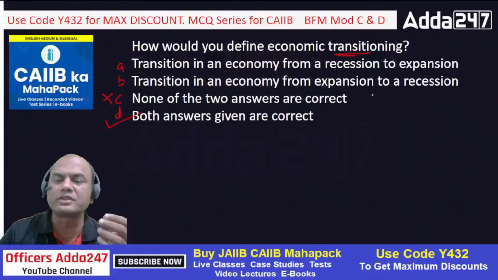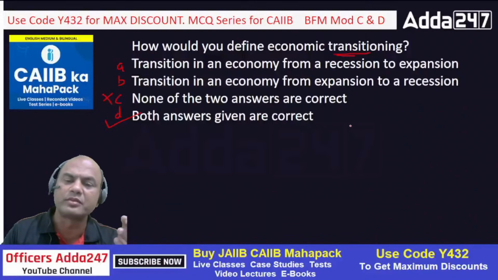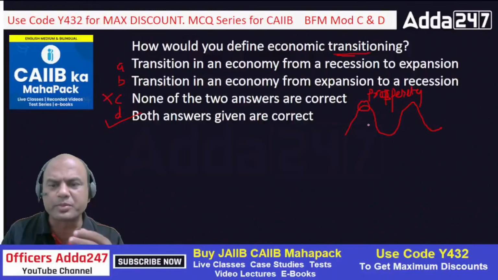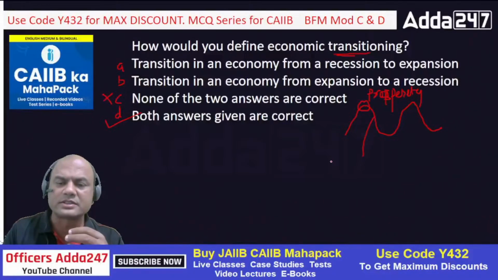Transitions here, how does the curve move? This business curve moves like this, isn't it? This is prosperity. You know it, right? These are the four phases of business. One is prosperity. Second is recession. Here recession starts. Then here is depression.